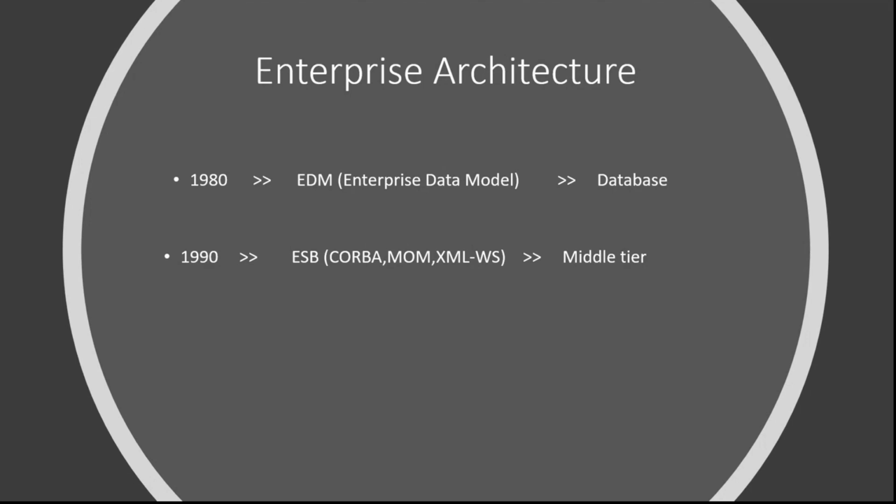But ultimately, this was also not successful to create an enterprise architecture. Not successful, but these technologies are very successful to create distributed environment communication. These are the technologies being used to implement distributed environment communication. Still now, right? We use XML web service. CORBA is not used today. CORBA is now legacy.